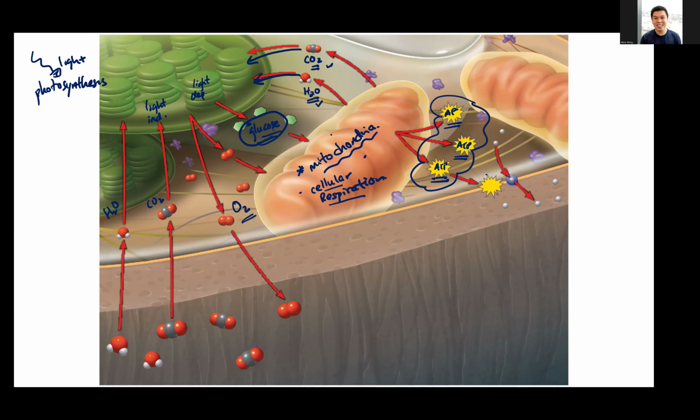And this energy in the form of ATP is the form of energy that can be used by the cells to do all kinds of cellular activity, for example, active transport. And that's the relationship between these two organelles.